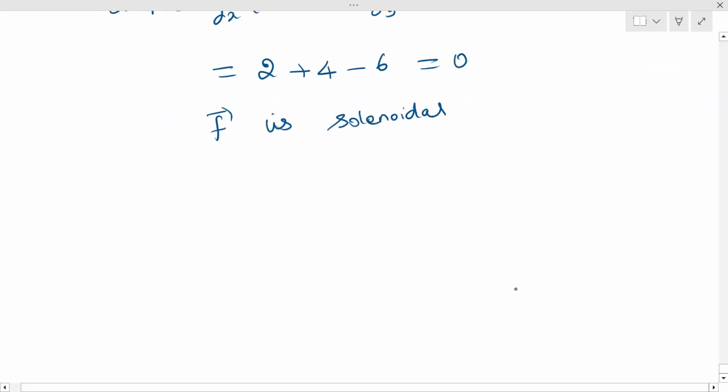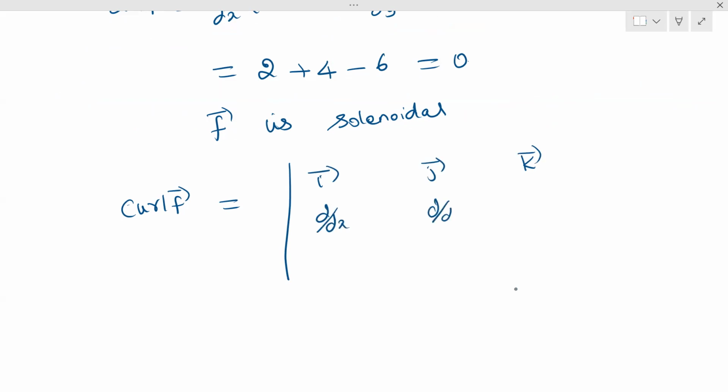Next, we have to find out the curl F. So curl F is nothing but the determinant i, j, k. The second row is the derivative. Third row is the given vector valued function coefficients: 4y plus zx, minus 6z plus xy.